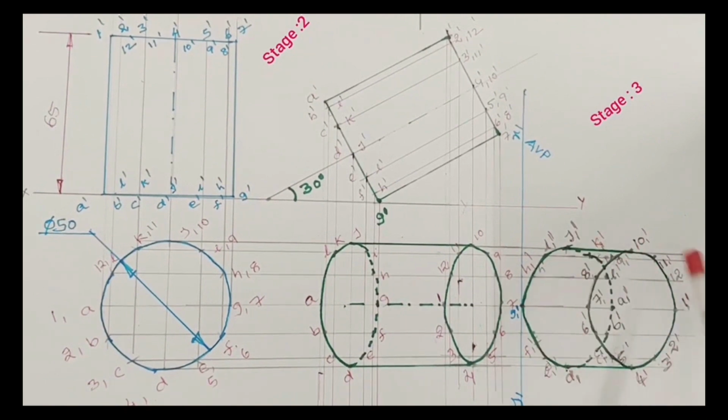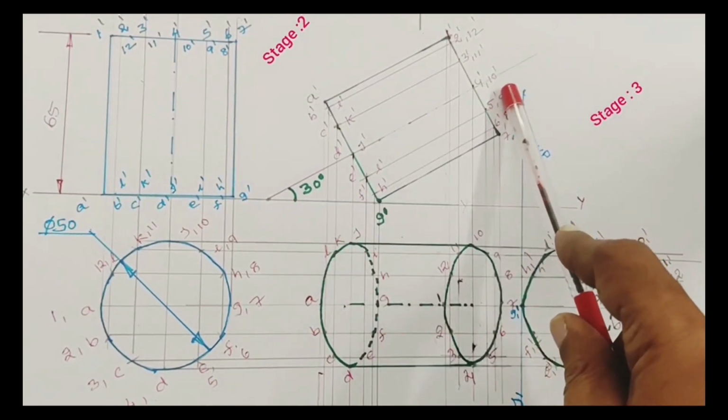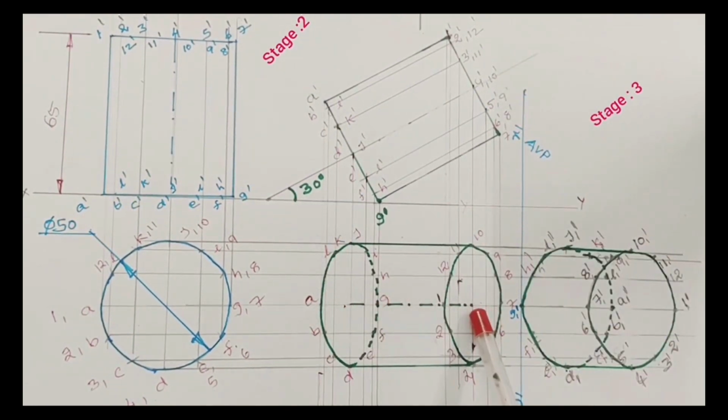This is the final front view. When the axis is making an angle 30 degrees to the HP and top view of the axis is perpendicular to VP, then this is the final front view. Here 50 mm and 65 mm, that is all dimensions are in millimeters. That's about the solution for the given problem.